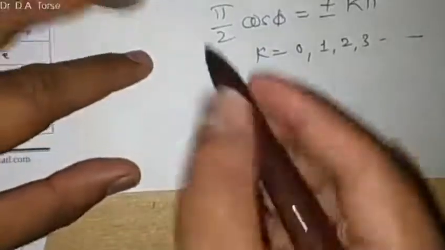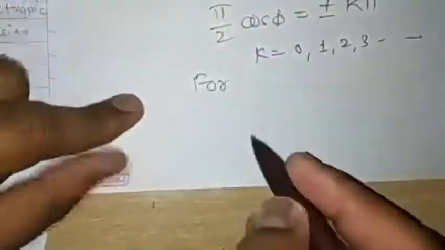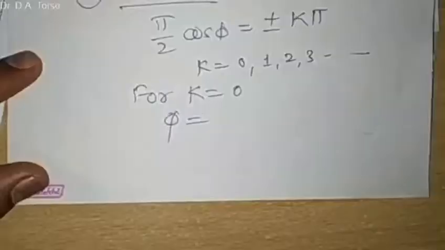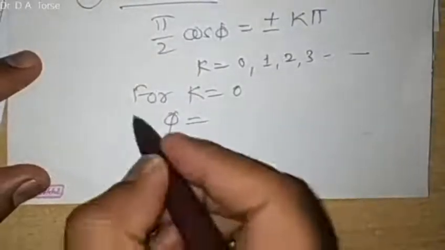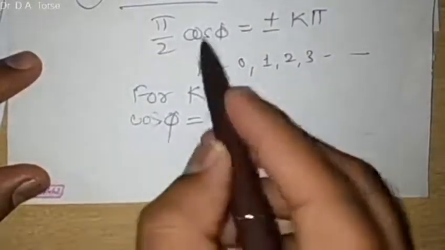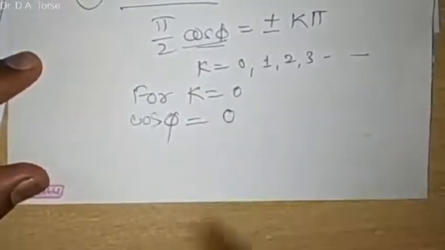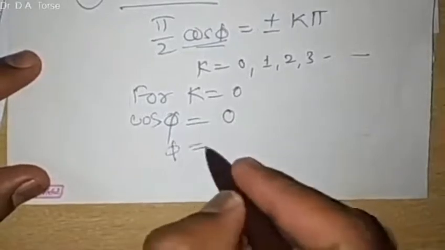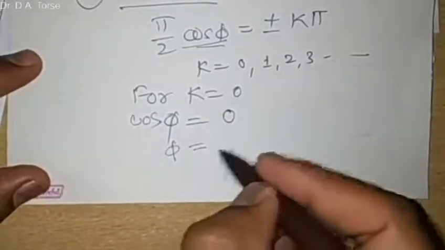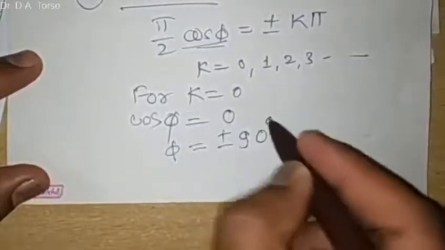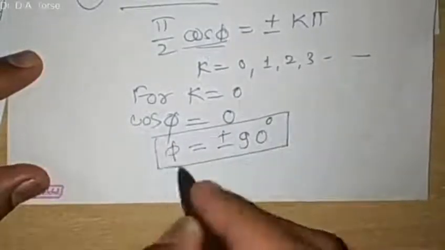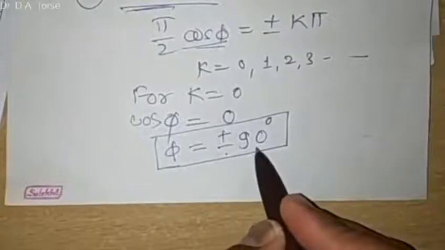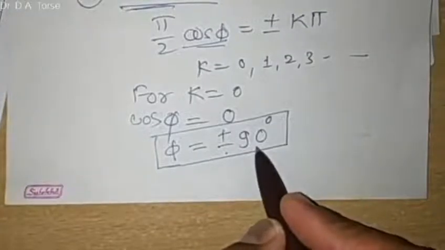So if you take the first value, k equal to 0, then cos phi would be 0, which gives us phi for two different values, plus and minus 90 degrees. So you can see the null can be obtained in plus 90 degrees and minus 90 degrees direction.